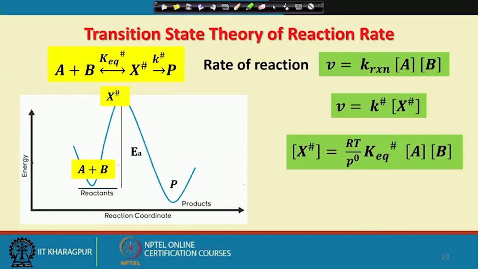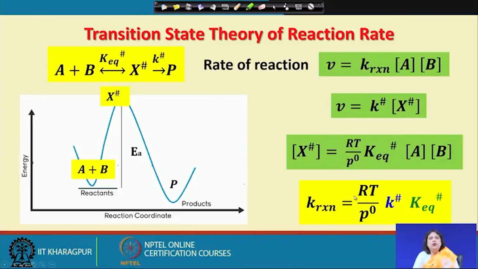Now, we will go further and say that, from the equilibrium constant I can rewrite the concentration of the activated complex, and now combining these three equations I can write down that k reaction is a quantity which depends on this constant k dagger and the equilibrium constant K equilibrium dagger. So, the task of molecular thermodynamics is evaluation of this rate constant small k dagger and this equilibrium constant K equilibrium dagger, given the scheme as shown here.